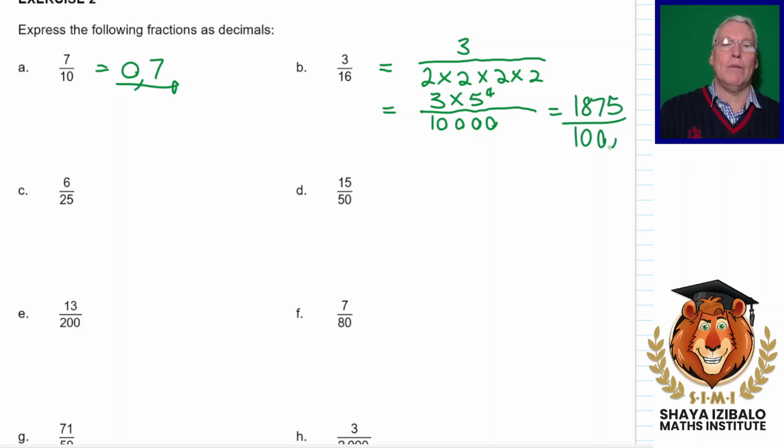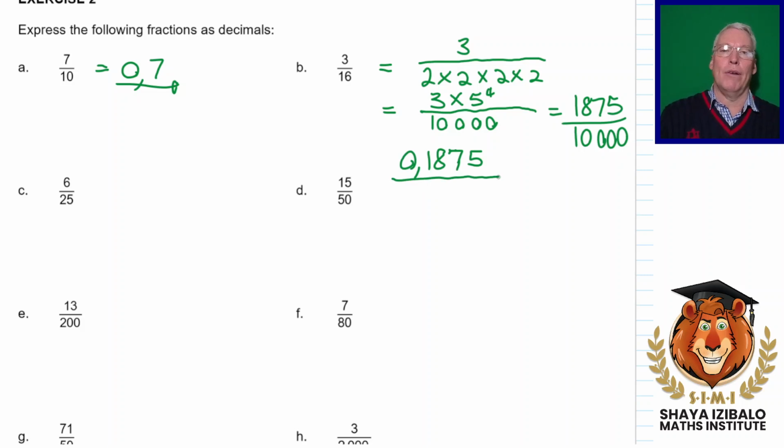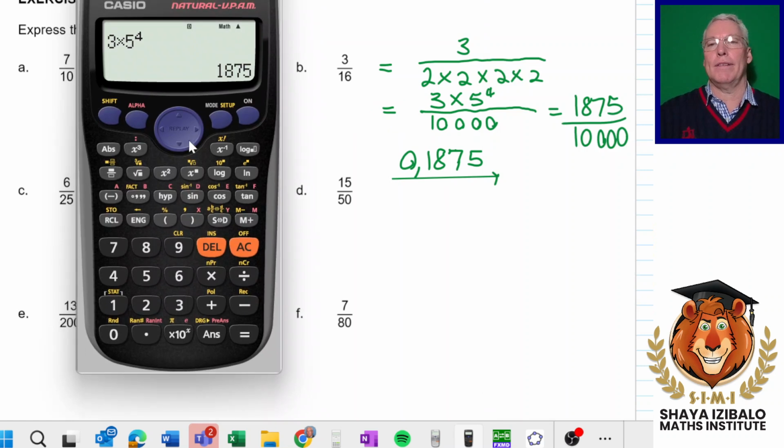That we can easily write into a decimal form, because if we think of our 1875 and we divide it by 10 4 times, 1, 2, 3, 4, we're going to get 0,1875. 0,1875 is exactly the same number as 3/16. All right, 3/16. Let's take a look. It's decimal form. There it is.